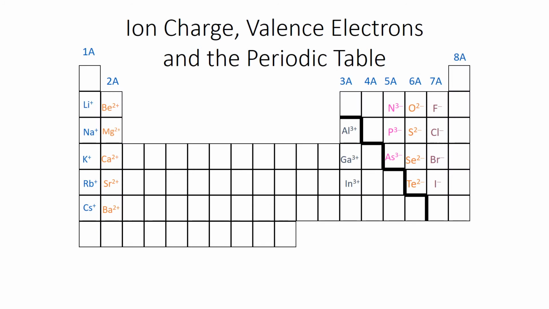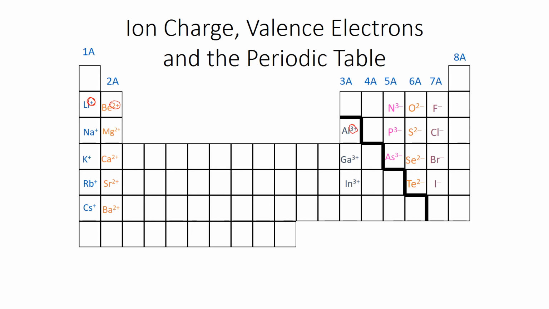Now there's another pattern that you've been introduced to relative to columns and the properties of the elements within, and that's your ion charge. You already know that for those representative elements, in column 1, all of those metals, when they form ions, chemically react to lose electrons. They consistently lose 1 electron and form a +1 charge. In column 2, all of those elements will form ions with a +2 charge. And the metals in column 3 will be +3.